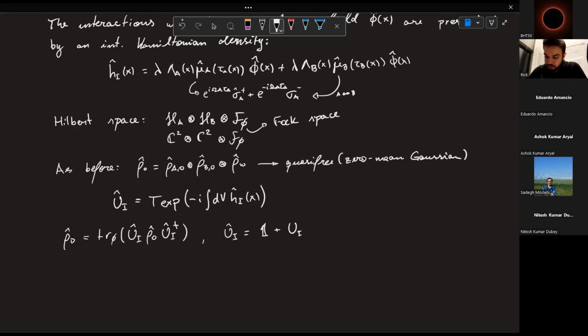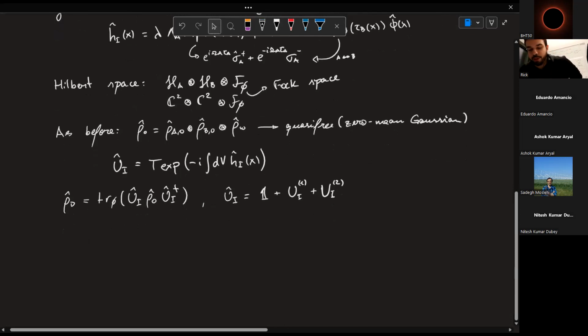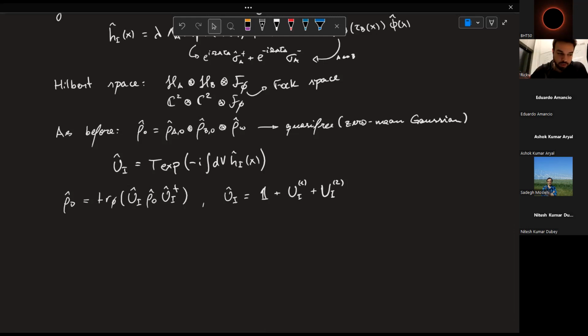So this is going to be U1, U2, which is given by the integrals of the Hamiltonian density, and then the time ordered integral of the Hamiltonian density and everything. Nice. So it's kind of annoying to compute this because we're going to get many terms. I'm not going to write down all the terms here. We're going to write one just to convince you how annoying this would be if we wanted to do exactly the same thing that we did last time.